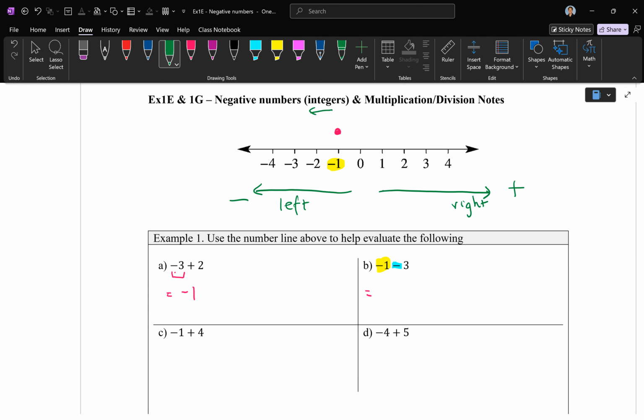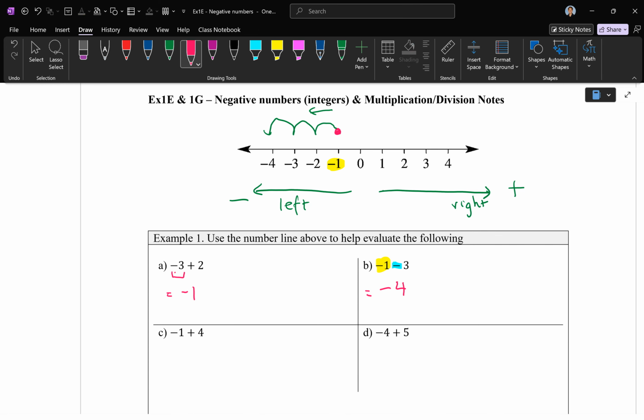I know I'm going this direction now, and it tells me go 3 units in that direction. So I know that the final answer is going to be negative, because clearly this region is negative. I just don't know what number it is. So we count it: 1, 2, 3 units, because it says 3 units in the left direction. So -1 minus 3 should give me an answer of, what's my answer?